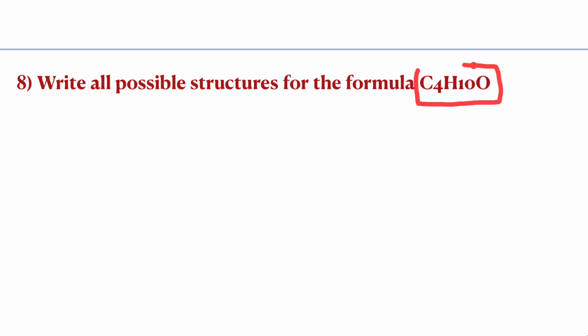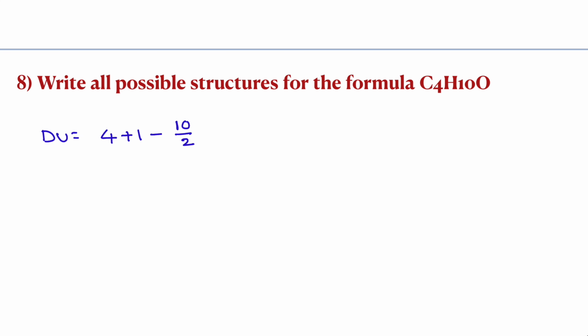The next molecular formula given is C4H10O. The pattern is the same. First, let us find the degree of unsaturation. Number of carbon atoms 4 plus 1 minus number of hydrogen atoms by 2. Oxygen will not affect the degree of unsaturation. When you are finding the degree of unsaturation, the number of oxygen atoms does not disturb the formula.